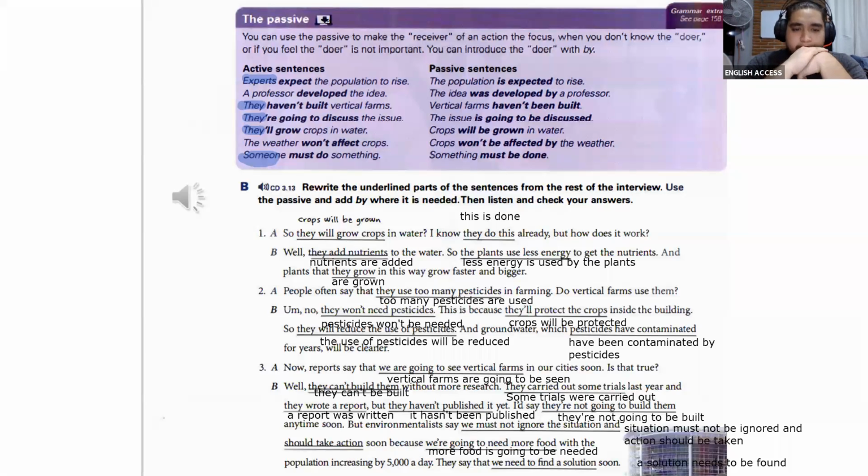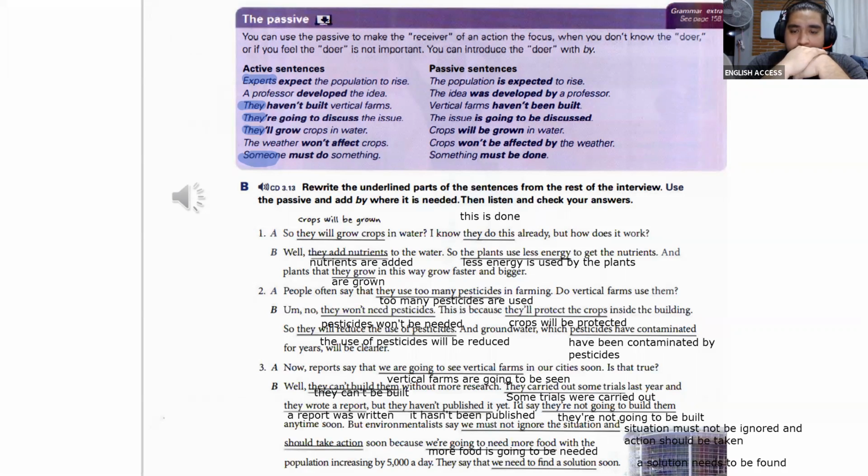People often say that too many pesticides are used in farming. Do vertical farms use them? No, pesticides won't be needed. This is because the crops will be protected inside the building, so the use of pesticides will be reduced, and groundwater, which has been contaminated by pesticides for years, will be cleaner.